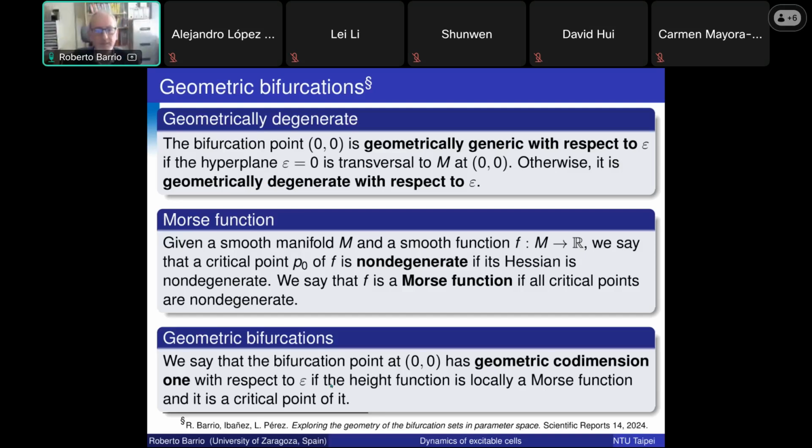So when you visualize making cuts by this parameter, the epsilon, we consider the height function to be a locally immersed function. So this point will act like a bifurcation, but not a real topological bifurcation, but visually acts like this. It's what we call a geometric bifurcation.